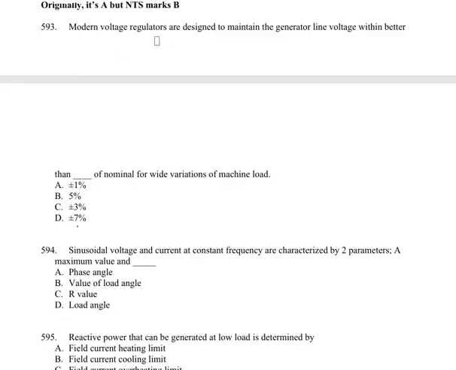Modern voltage regulators are designed to maintain generator line voltage to better than plus or minus 1% for wide variation of machine load. Sinusoidal voltage and current at constant frequency are characterized by two parameters: maximum value and phase angle.